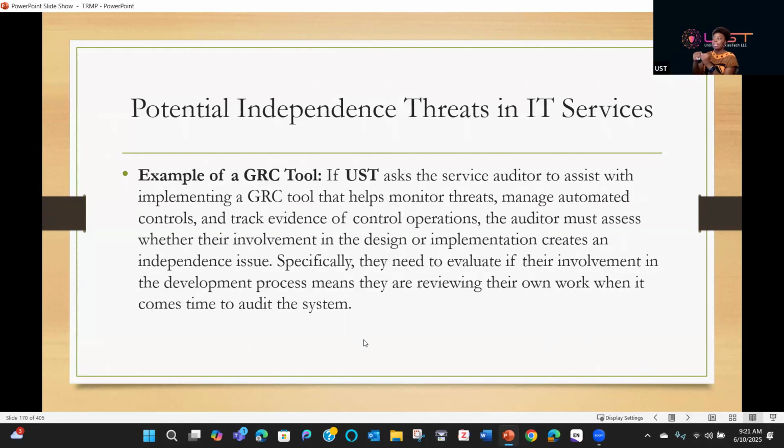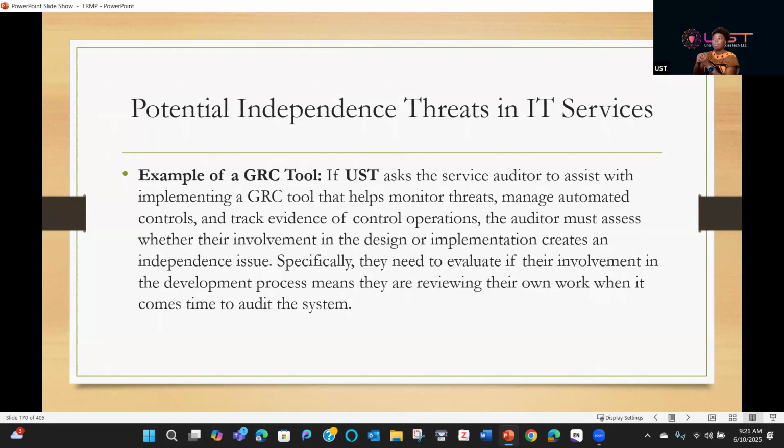For example, if UST asks the service auditor to assist with implementing a particular GRC tool that helps monitor threats, manage automated controls, and track evidence of control operations, the auditors must assess whether their involvement in the design or implementation creates an independence issue.